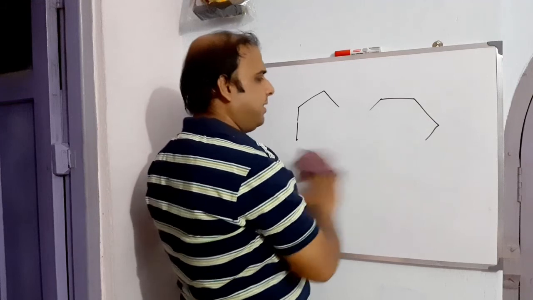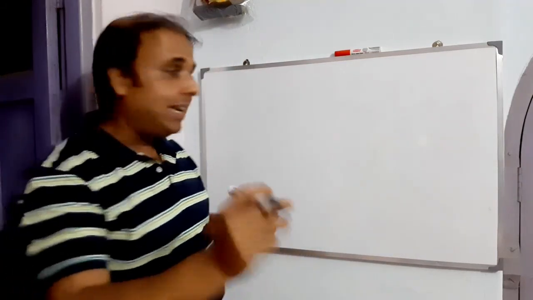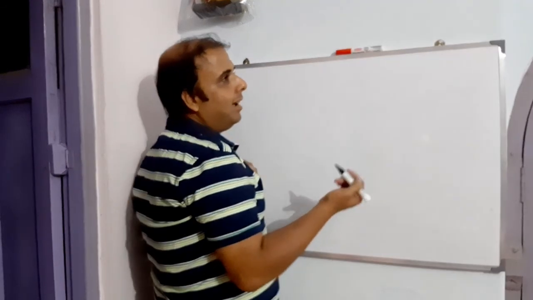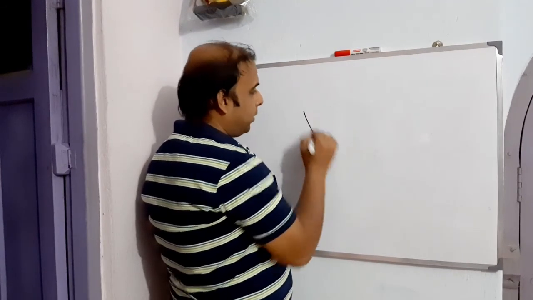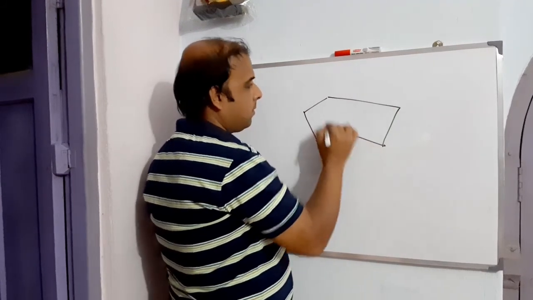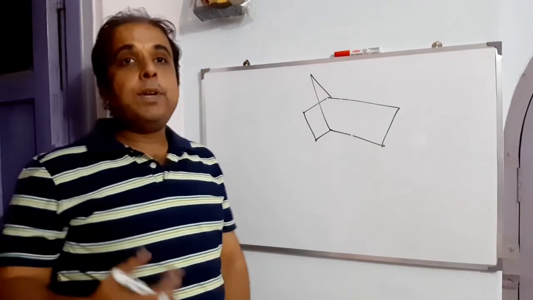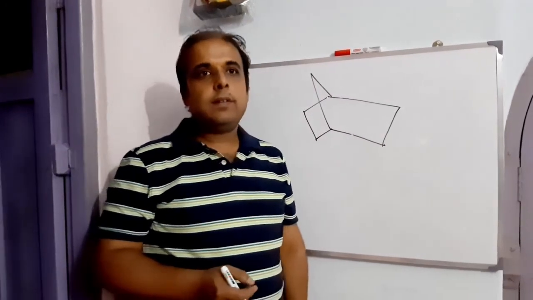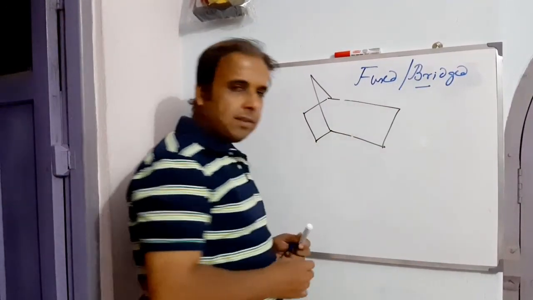This we will deal with later, because spiro we have kept for the last. So better let us bring some fused compound. Fused one is something like, okay, not fused, rather a bridged one. So let us deal with the fused as well as the bridged.